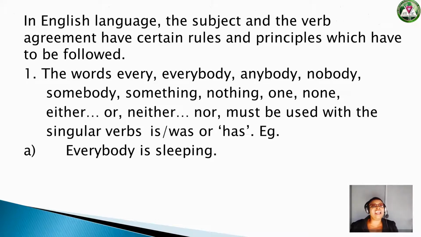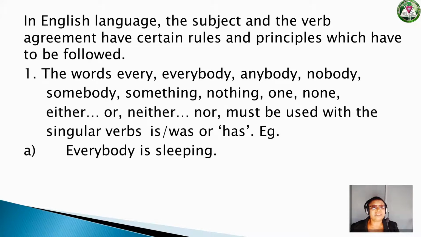In the English language, subject-verb agreement has certain rules and principles which have to be followed. Listen to these rules and principles.